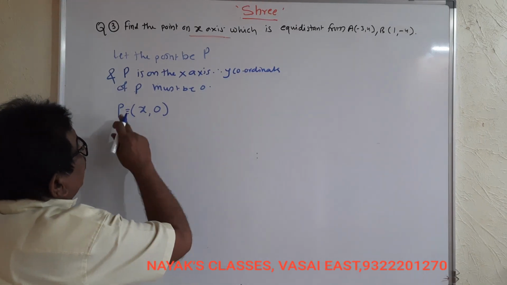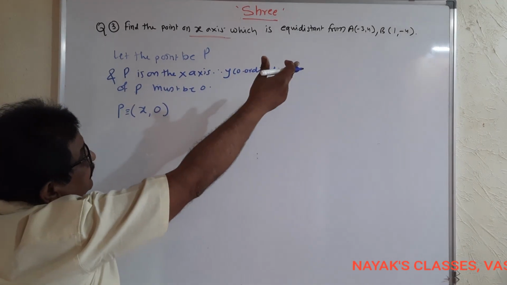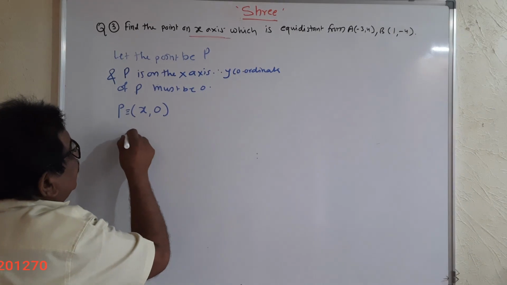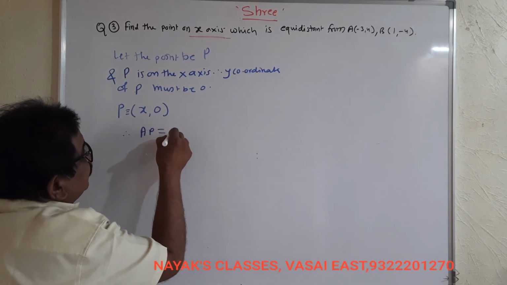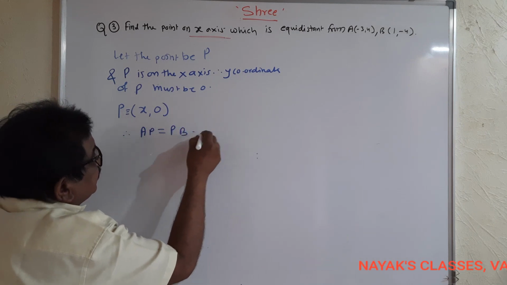See, the point P is equidistant from A and B. Therefore, AP is equal to PB.